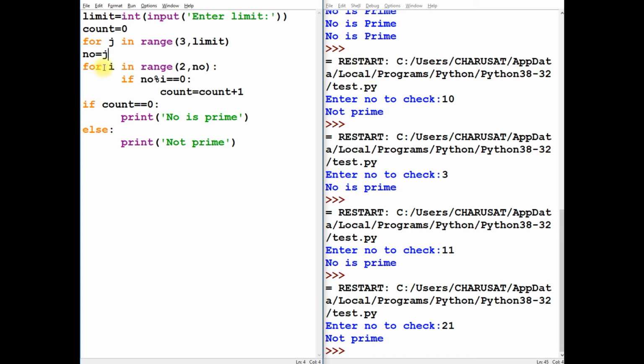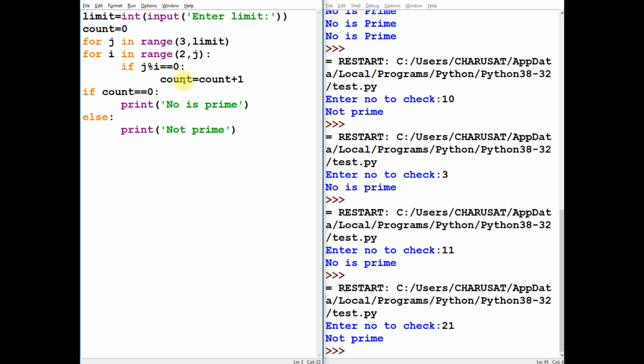Now here, as we were doing previously up to number, the same way I will go up to J, and I will check J percentage I. If it is 0, then count equals count plus 1.